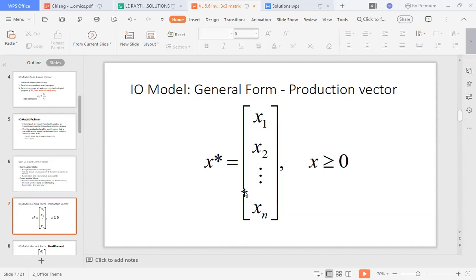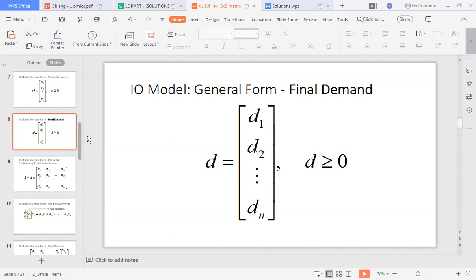Sometimes when we have the input output table later, we can also call this one our total output. And again, we will treat this one as non-negative values, so it should also be greater than 0. Now, the next thing is to define what the vector for the final demand is.